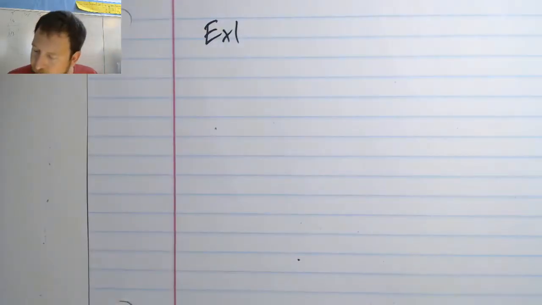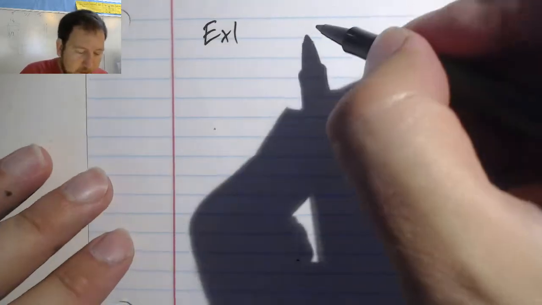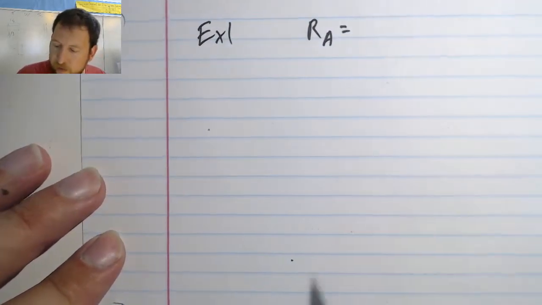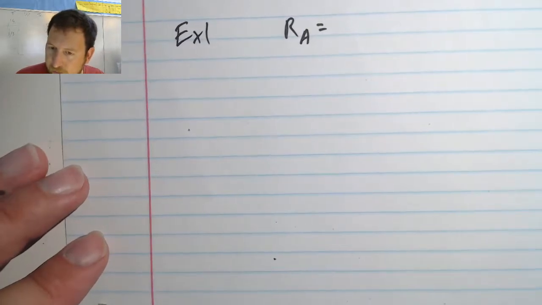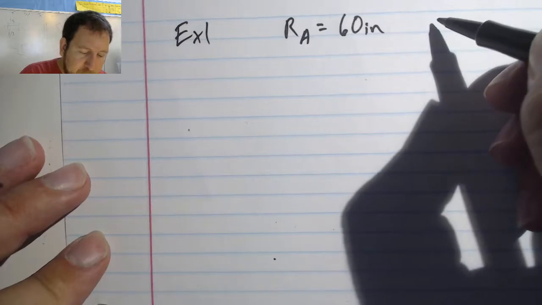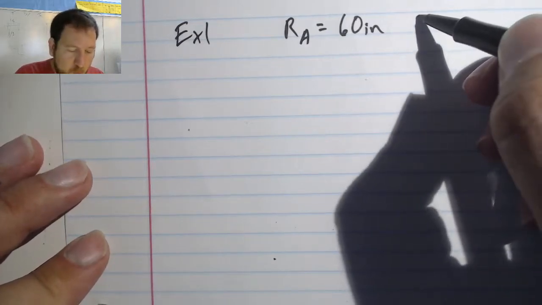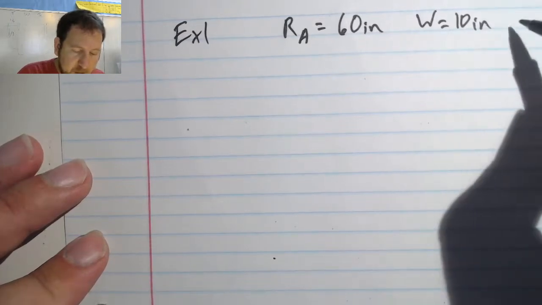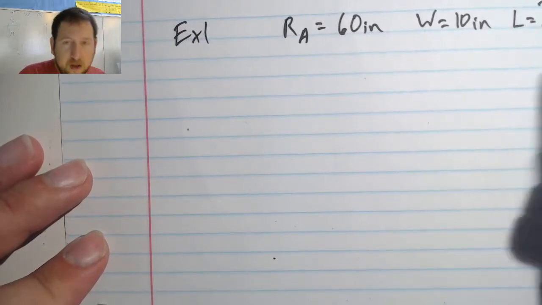Example 1, this time we're going to look at the area of a rectangle, and we're going to have the area is 60 inches, and the width is equal to 10 inches, and our length is unknown.